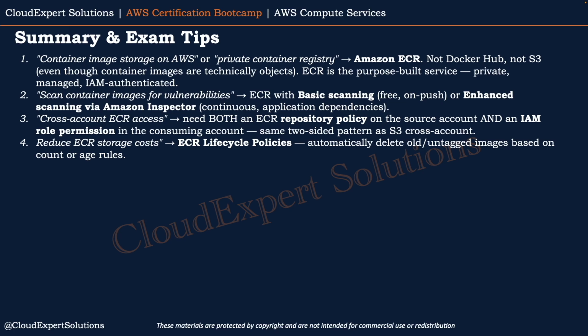If you see terms like reduce ECR storage cost, it is talking about ECR Lifecycle Policy, which will automatically delete old or untagged images based on the count or age rules you have created.